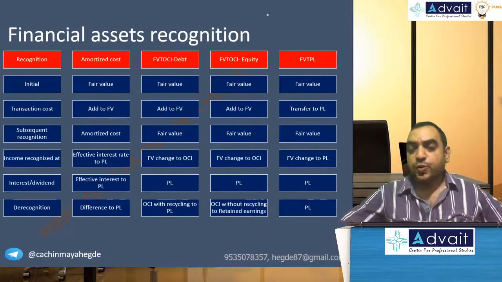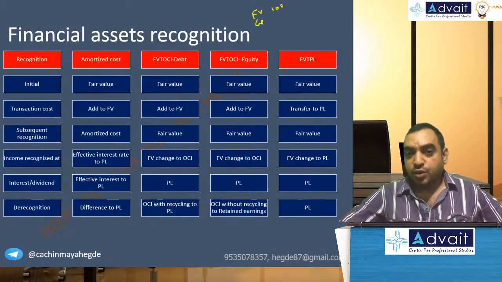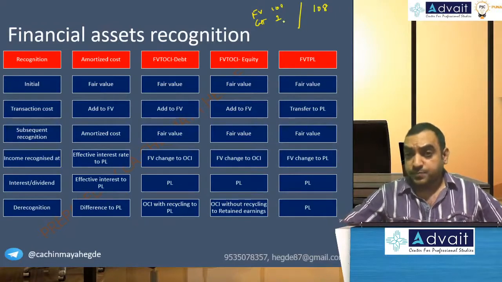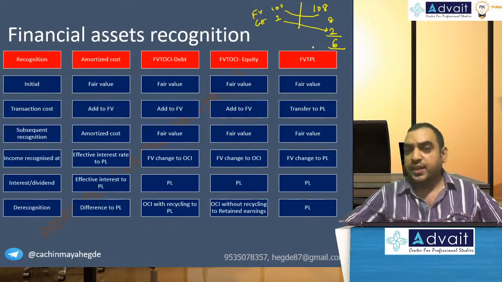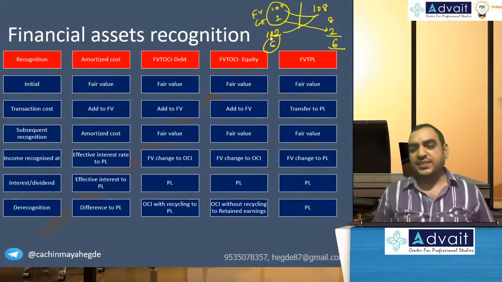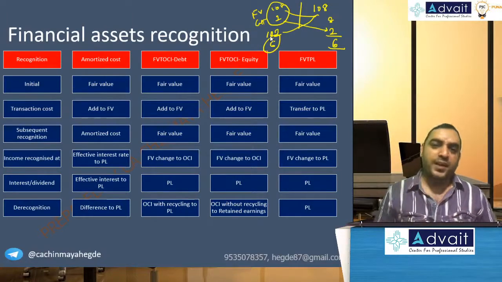Suppose the fair value was 100 rupees, transaction cost is 2 rupees, and at year end fair value became, let's say, 108 rupees. Now, what I am telling is, take 2 rupees to P&L and the difference 8 rupees to P&L, net effect 6 rupees to P&L. Even if you add, 100 plus 2 is 102, and 102 to 108, that means 6 rupees only will go to P&L. Impact is the same only. That is why it is directly transferred to P&L account.